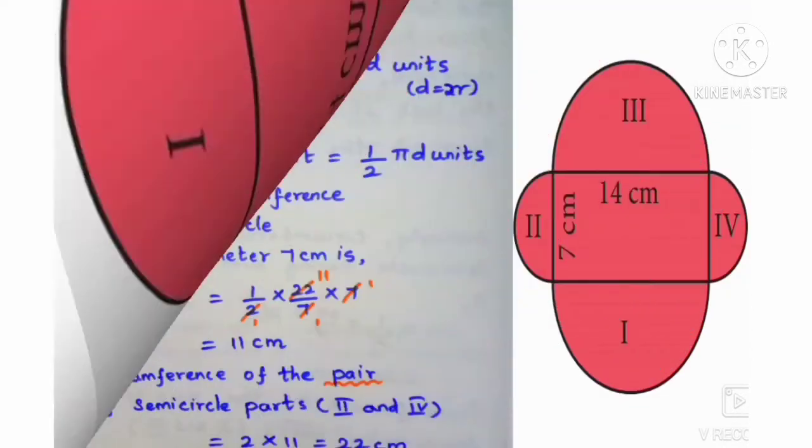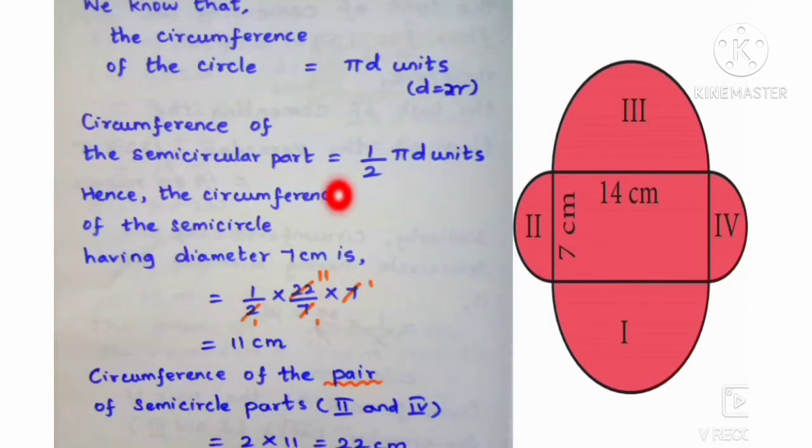Now we know that the circumference of the circle is 2 pi r. 2r is twice the radius, which is the diameter, so we can write it as pi d units. Here we are going to use the diameter.